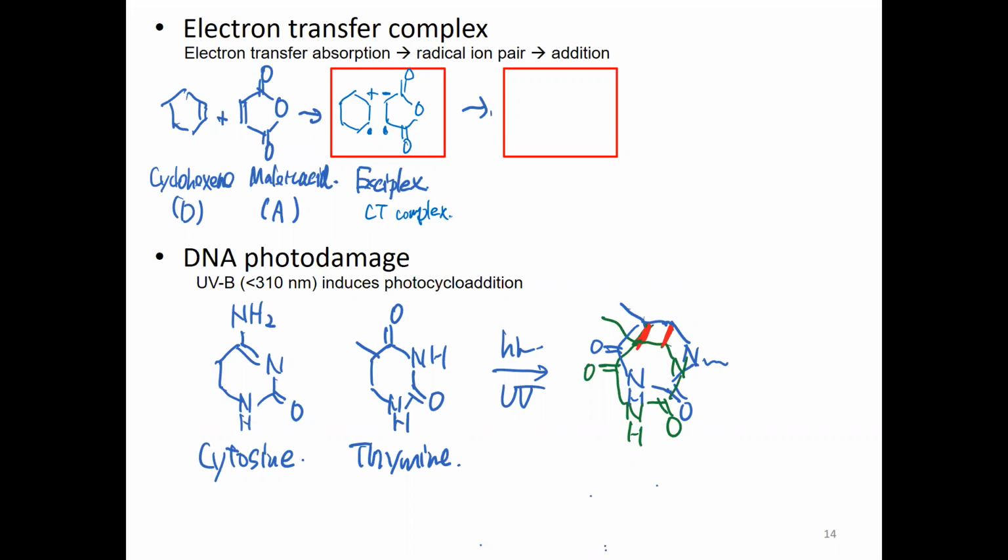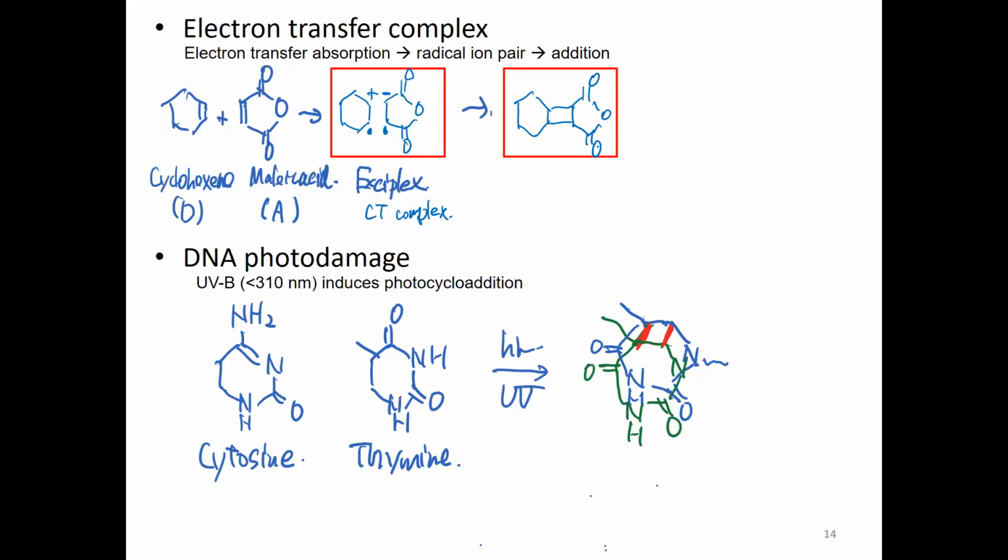And then they close the bond, and make this, like this. So this is the case when electron donating and accepting molecules are used.